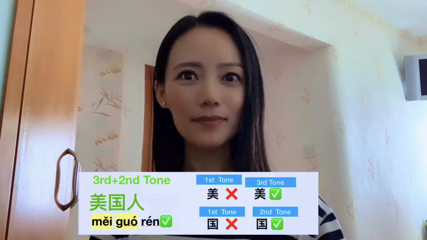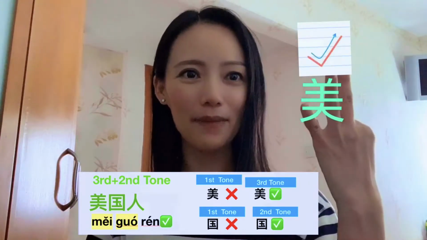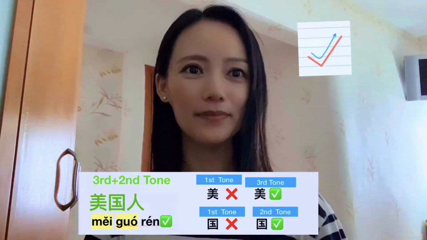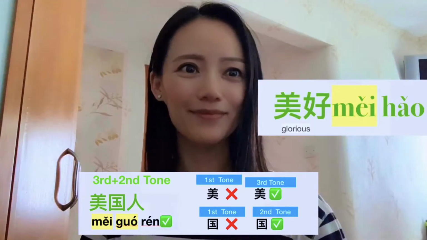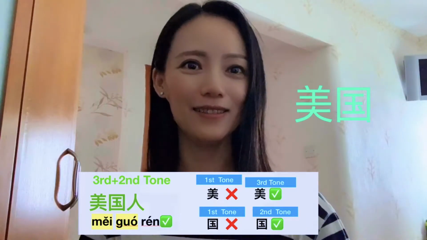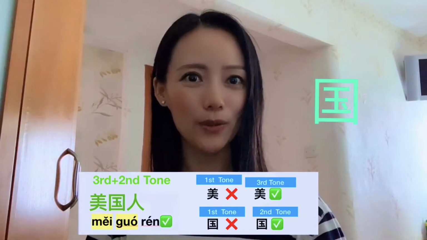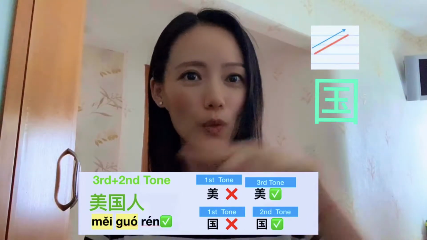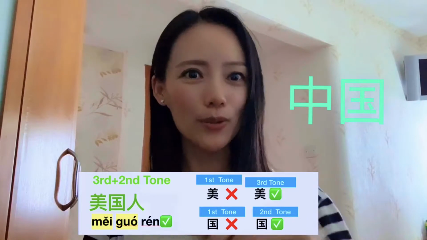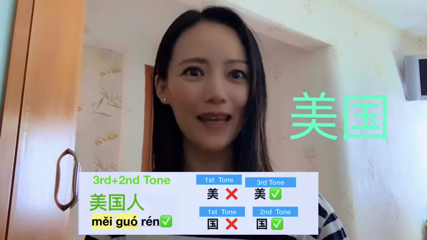So next one, 美国人. The first character, 美, third tone. 美丽, 美好, 美国. The next character, 国, is the second tone. 中国, 国家, 美国.